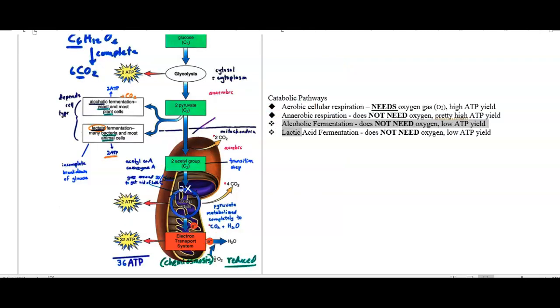So here's another way to look at it. Catabolic pathways. Aerobic. Think about air, right? Oxygen, air, aerobic. This actually needs oxygen. And this is going to give you the most ATP.